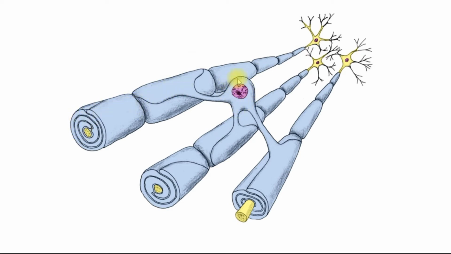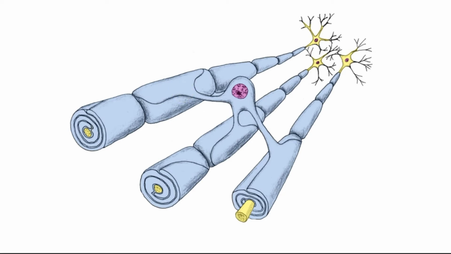But here you can see an oligodendrocyte, a special glial cell. It has long processes which are wrapped around axons of nerve cells. So this oligodendrocyte provides formation of myelin in the CNS.